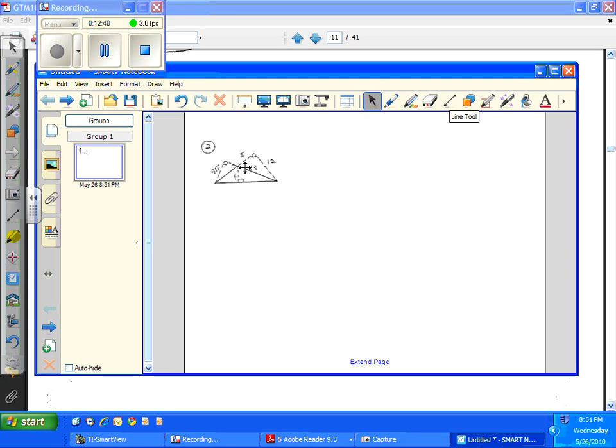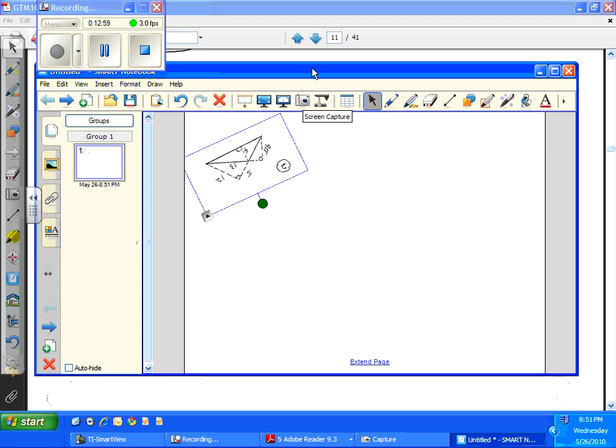Now, I know that 13 is the bottom. I'm going to click on that, and it's going to let me spin that around. 13 is the side I knew. So I'm going to spin that around mentally, or since we have the technology, we're just going to bring it in here and spin it around with the technology.